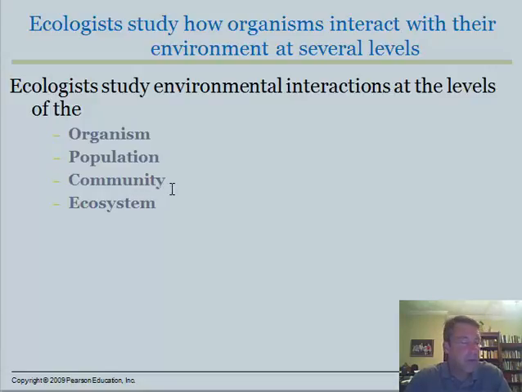Then the next level is a community. A community is a group of living things that live in that area. Birds and fish and insects and grass and algae are all living things. If they're found in the same area, we call that a biological community.